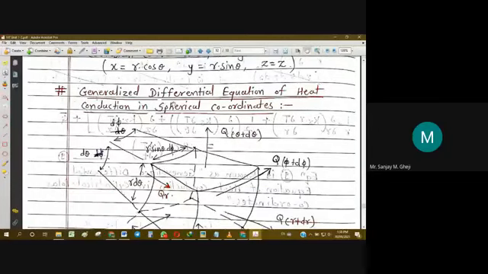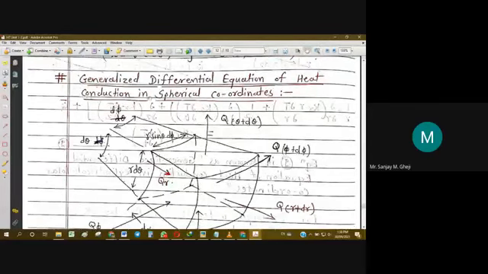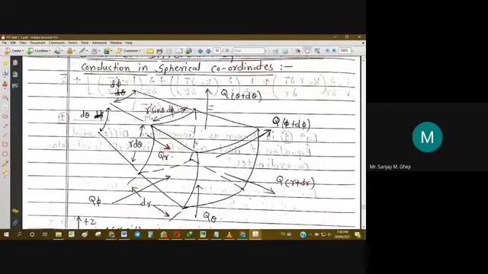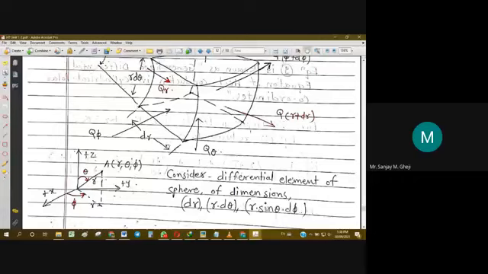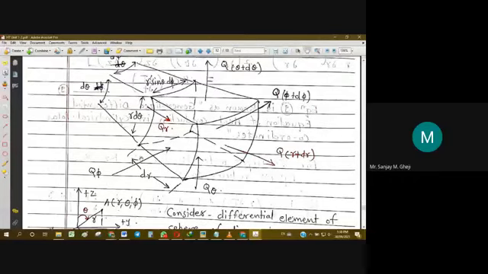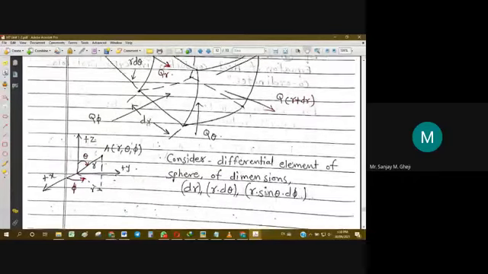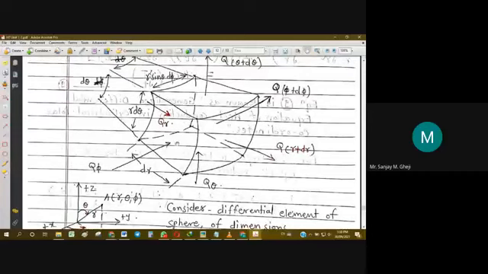Similarly, the third case will be the differential equation in spherical coordinates. If you consider heat conduction in a sphere, like a solid metallic ball, in that case also we can take a small differential element like this, and we can apply Fourier's law in all three possible directions.